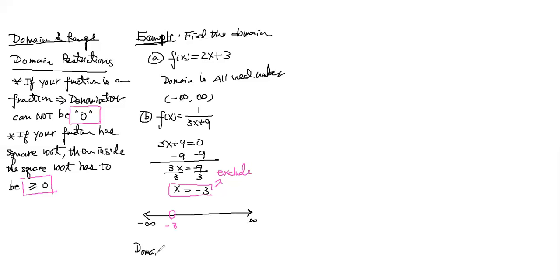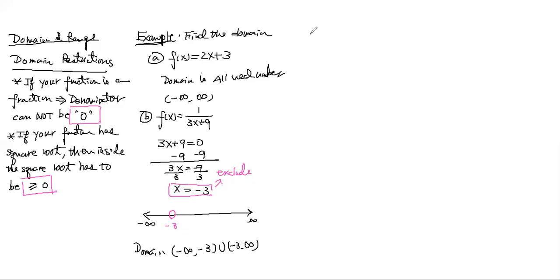So my domain is negative infinity to negative 3, union negative 3 to positive infinity. Remember, these are parentheses because I cannot include that number. If you remember these two rules, it will be pretty easy.